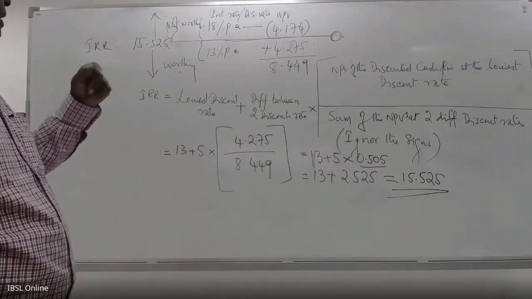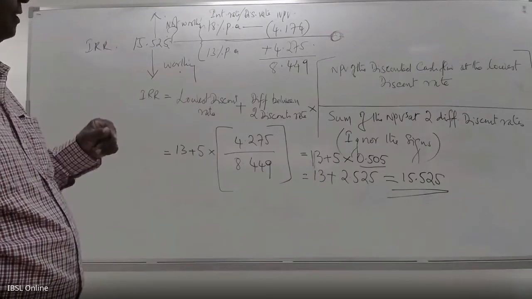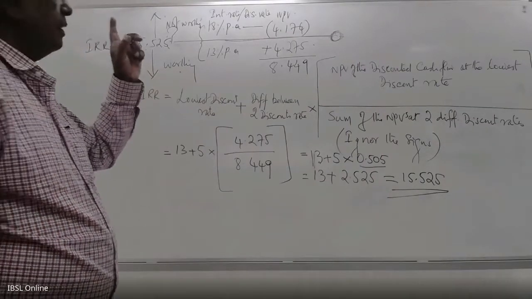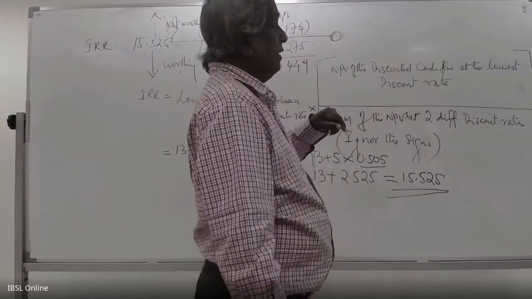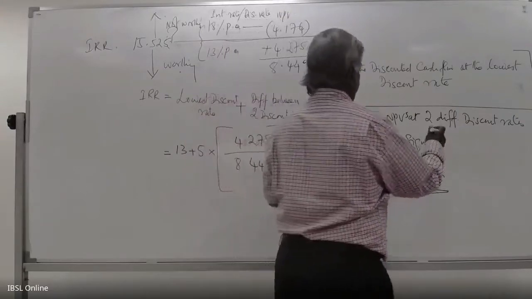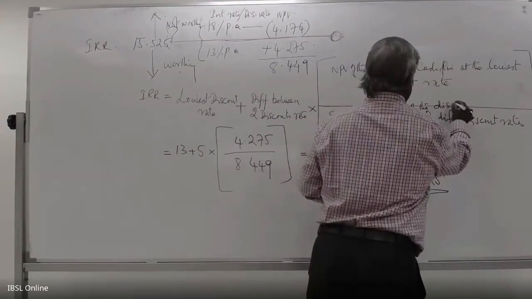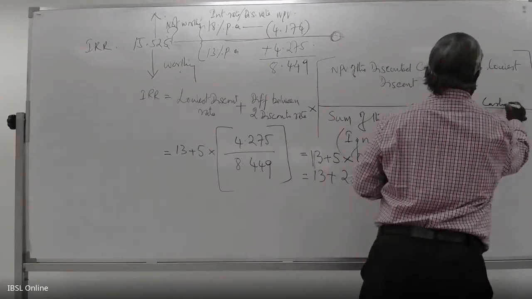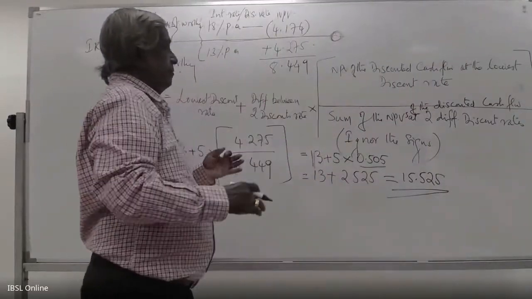So this is the formula: IRR equals the lowest discount rate plus the difference between the two discount rates, times the bracket of the NPV of the discounted cash flow at the lowest discount rate divided by the sum of the NPVs of the discounted cash flows at the two different discount rates.